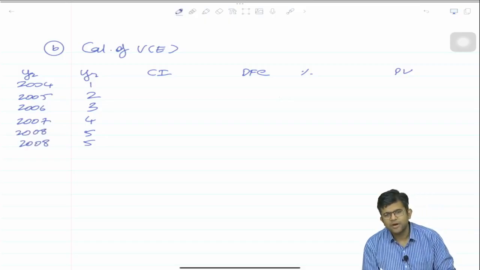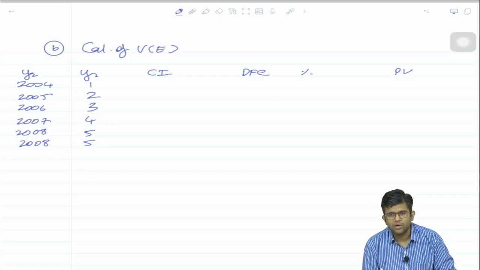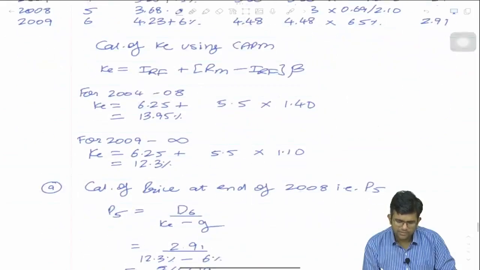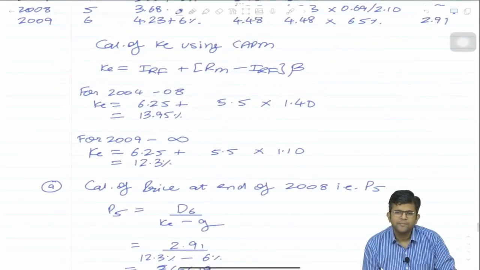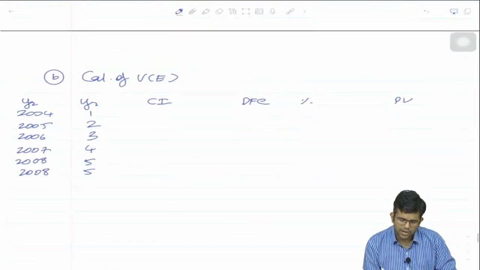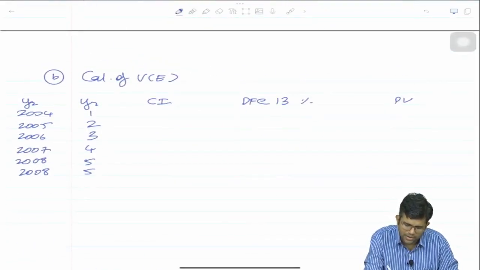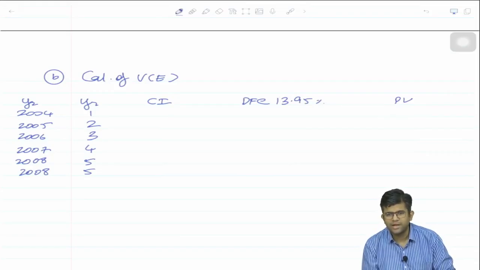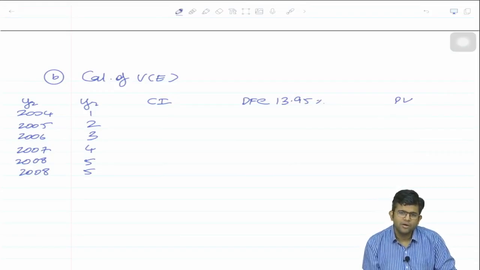Now we are talking only of these 5 years, and in these 5 years the discounting rate that we will be taking is 13.95. Are you all able to understand? 13.95. So here I will take 13.95% to discount all the cash flows from 2004 to 2008 end. Everyone clear? We will bring all of them back till 2004. All done? Clear? Okay.